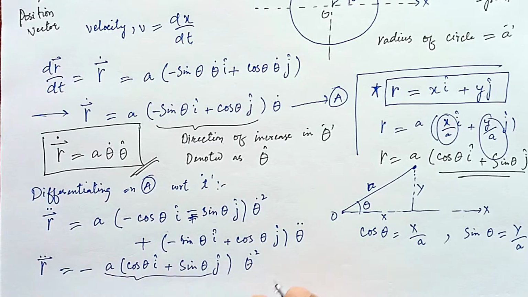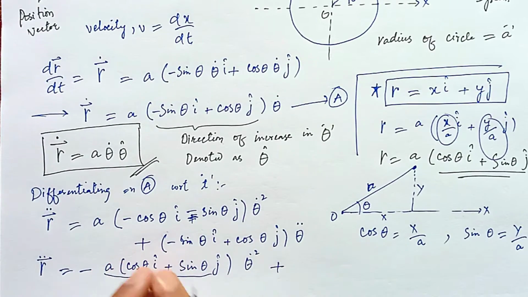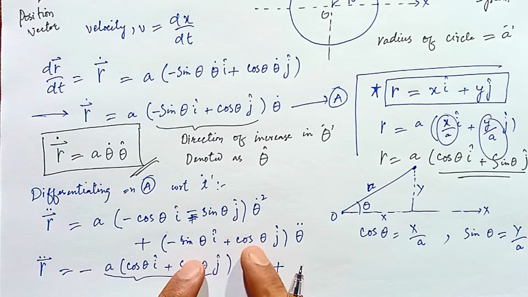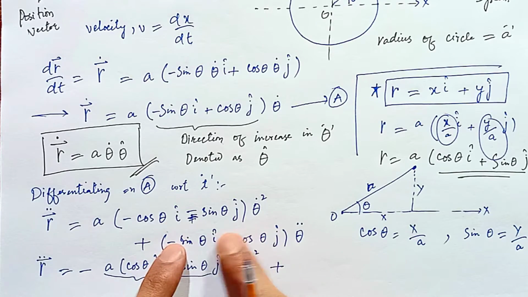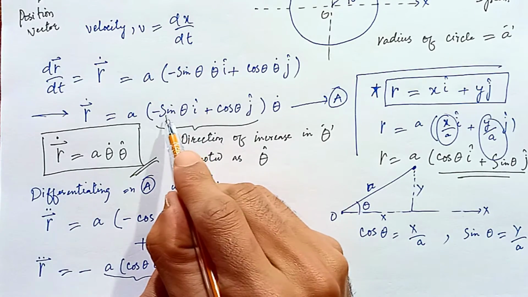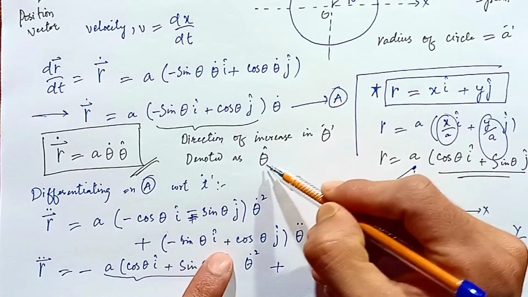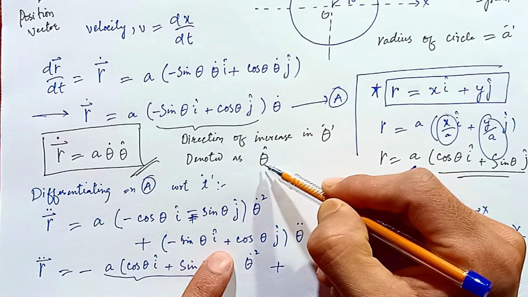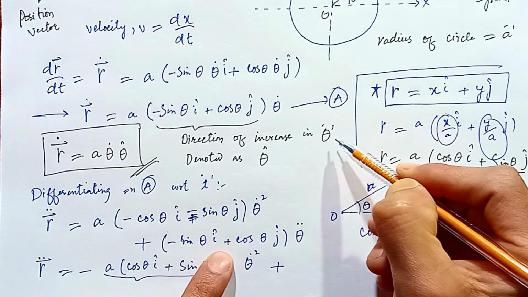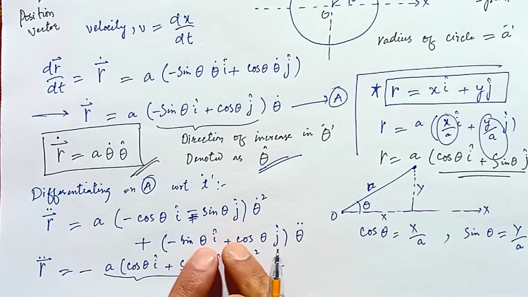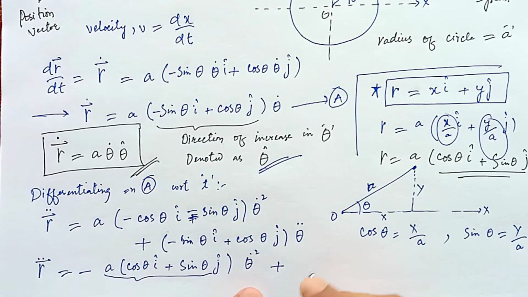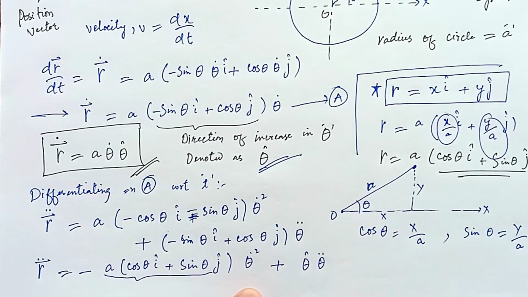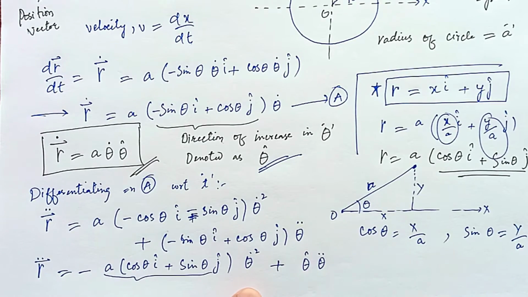Okay, so plus minus sine theta i plus cosine theta j, times theta double dot. This very thing I have told you, minus sine plus cosine of theta gives the direction of the increase in theta, denoted by theta hat. So this is theta hat and this is our vector. So we will substitute here theta hat into theta double dot.